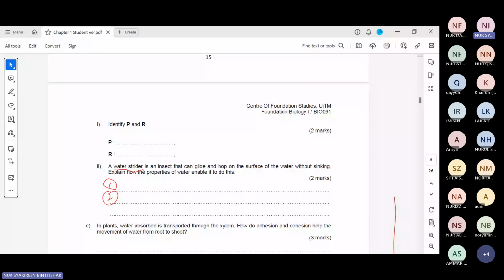Third, I will add another point. Surface tension is due to what? Due to hydrogen bonding between the water molecules. The formation of hydrogen bonds occurs between water molecules at the surface and water molecules below. For example, here we have a lake. I have drawn this in class already. We have water molecules at the surface of the lake, and water molecules below.